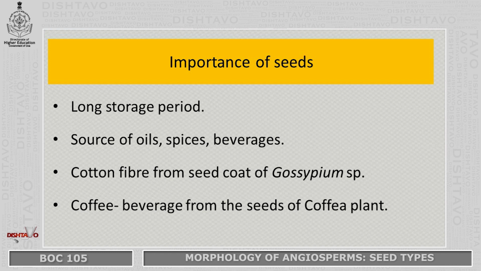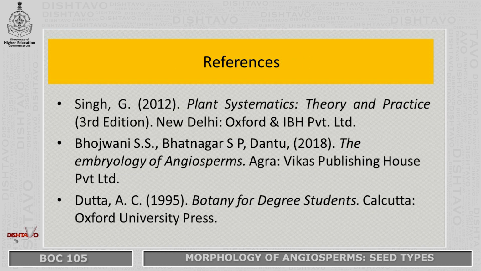The seeds have a long storage period, and they are the best source of oils, spices and beverages. As you can see in the textile industry, the cotton fiber which is used is from the seed coat of Gossypium species, and for example in beverages, coffee is made from the seeds of the coffee plant.